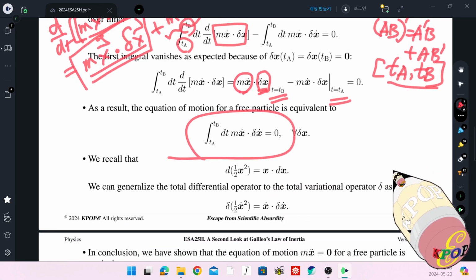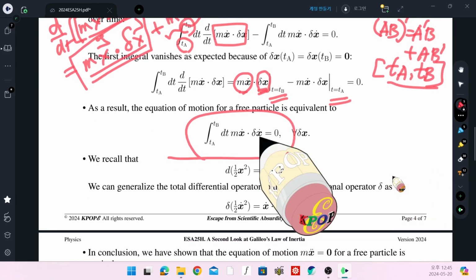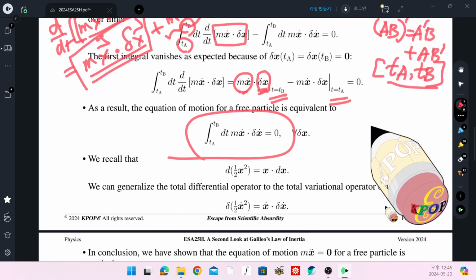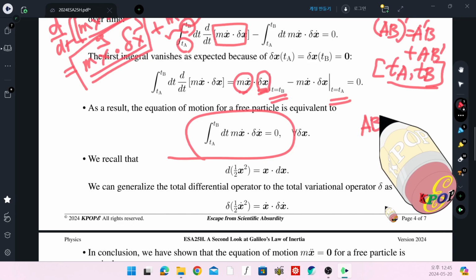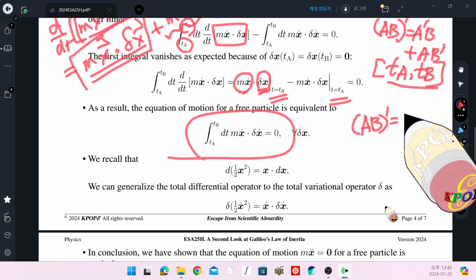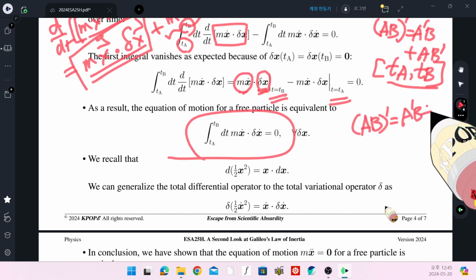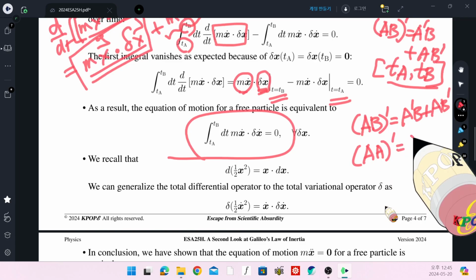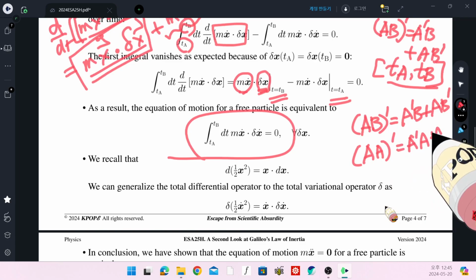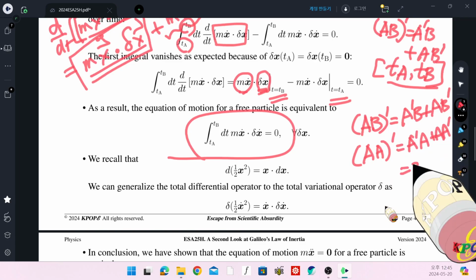We are familiar with this kind of expression. Leibniz told us (AB)' equals A'B plus AB'. What about A squared? AA' plus A'A, that is 2AA'.